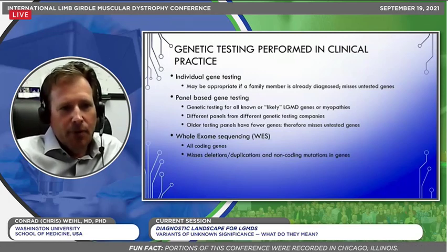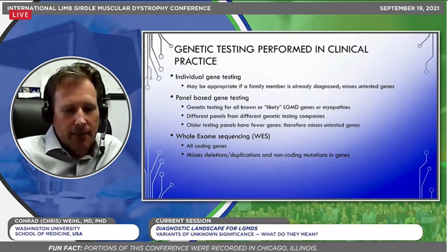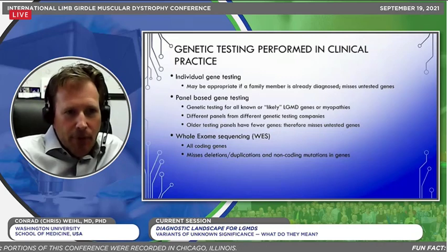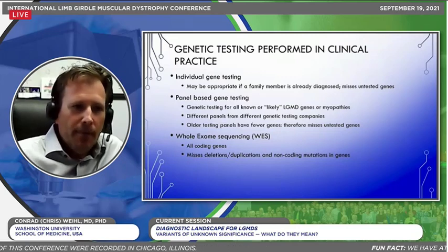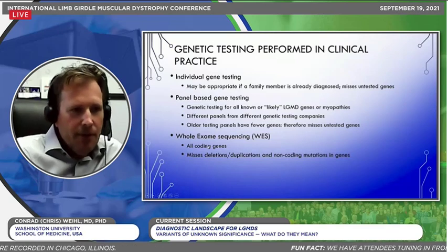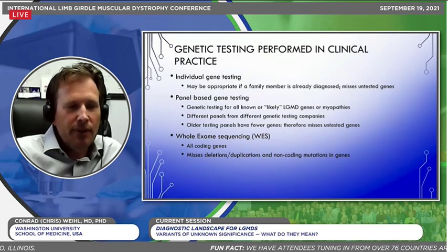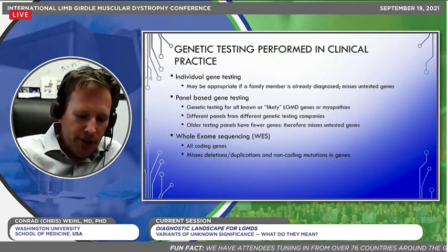And this is an approach that sequences every known gene in somebody's DNA. And that can be appropriate as well, but part of the problem with doing a whole exome sequence is that you're going to identify mutations in genes that are unrelated to limb-girdle muscular dystrophy, or at least known causes of limb-girdle muscular dystrophy.